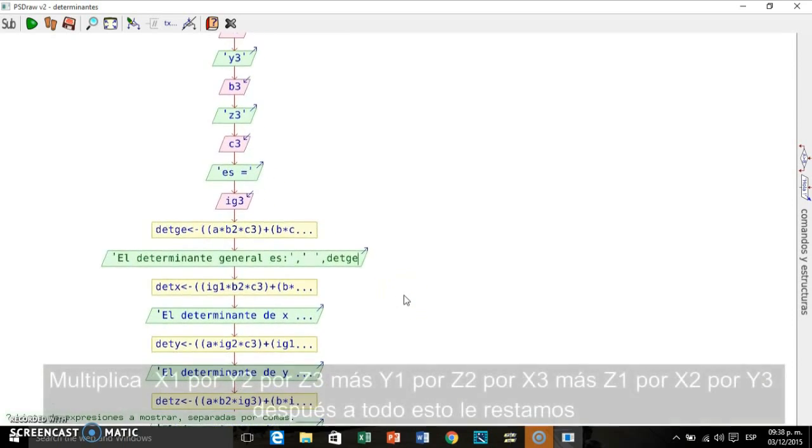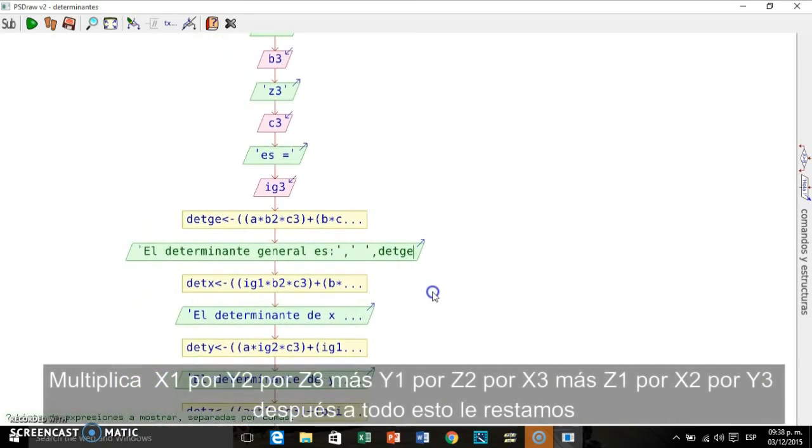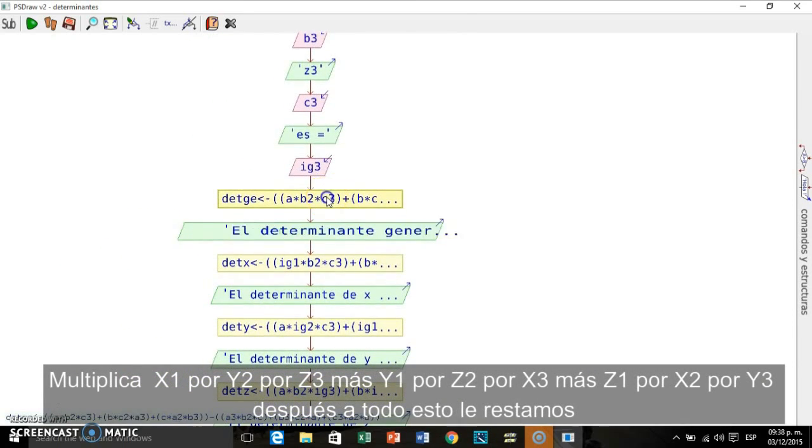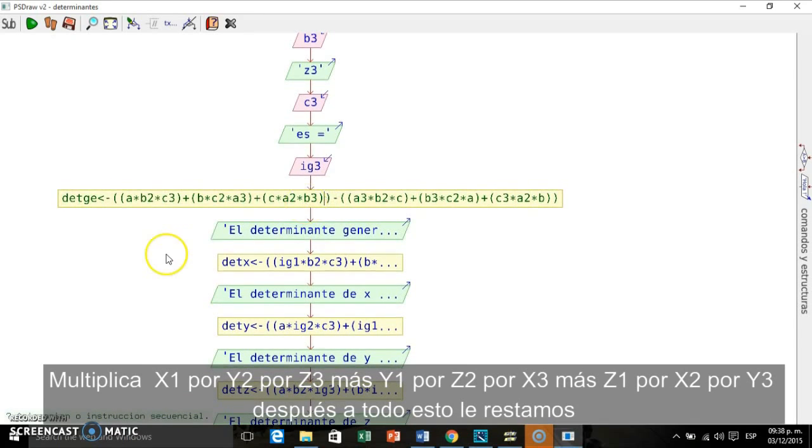Multiply x1 times y2 times c3, plus y1 times c2 times x3, plus c1 times x2 times y3.